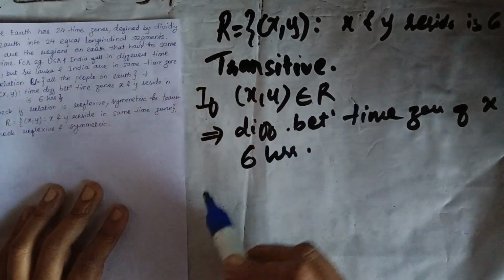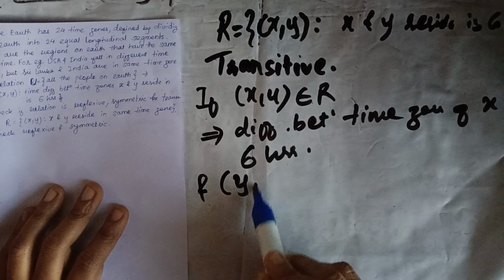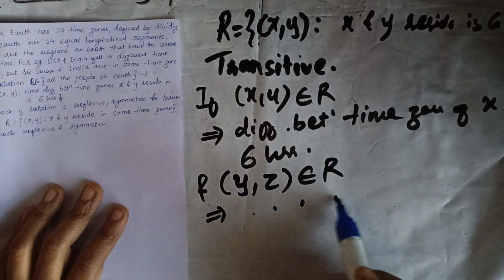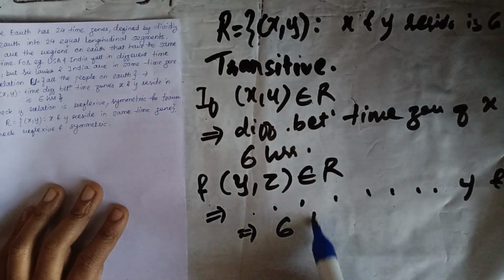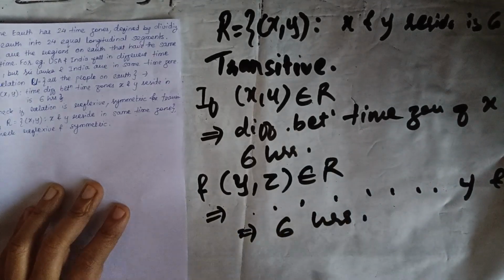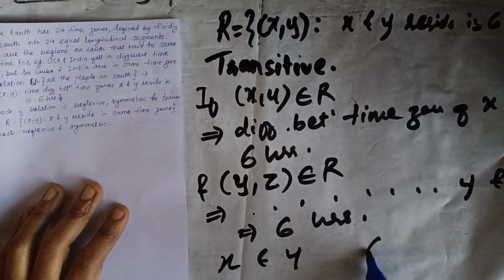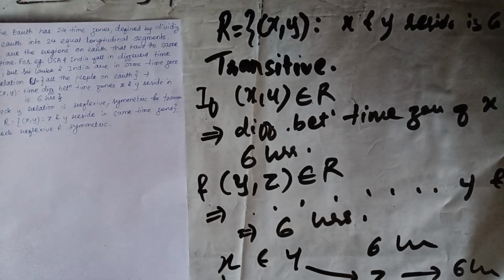And we are taking x comma y and also y comma z, correct? So the difference between the time zone of y and z is 6 hours. Now we have to see for x and z. Now x and y was 6 hours, and from y to z it was 6 hours. So from x to z it will be 12 hours, correct?